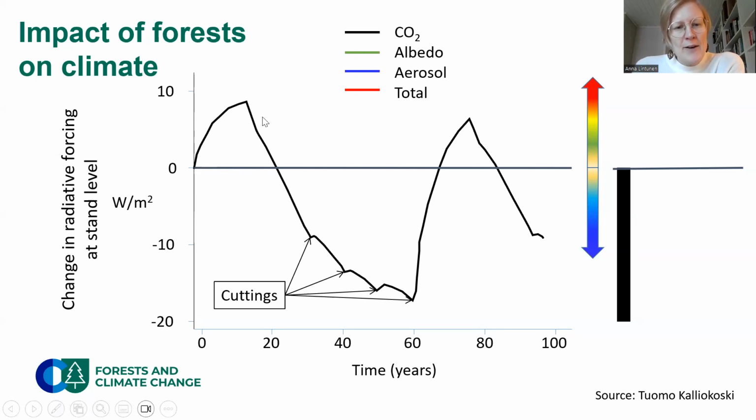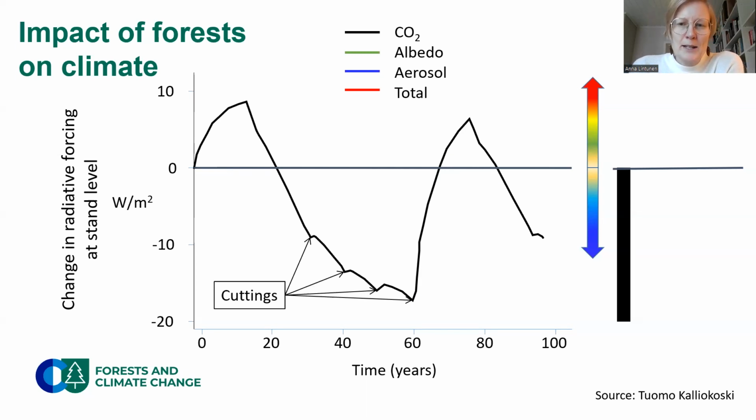Okay, so after, let's say, 20 years, the forest turns into a net carbon sink. And after that, you can see that the carbon sink gets stronger. There are a few thinnings done on the way. But then at 60 years, the forest is clear cut. So the trees are cut down and taken away, and the forest again turns into a carbon source. And after planting, in let's say 20 years, it again turns into a carbon sink.